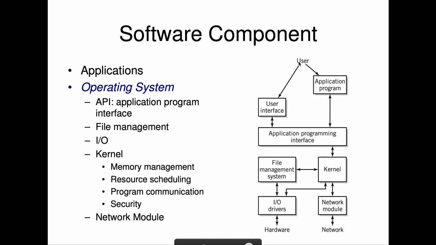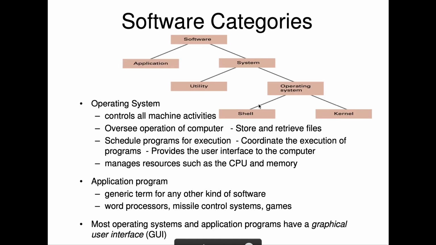So the user can interact with the shell, and the shell will interact with the kernel and have the kernel do all the complicated stuff here. So the user has two choices. They can interact with the shell, which is also a kind of interface to interact with the OS, or they can interact with the application program. So we have here shell and kernel.